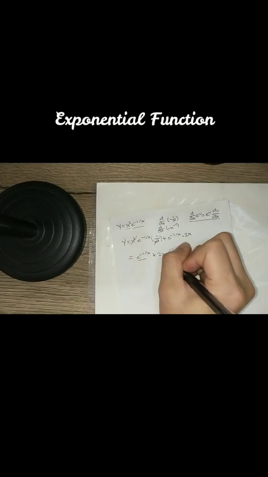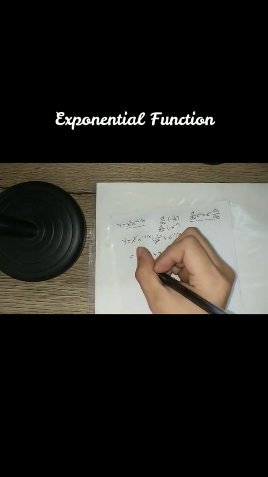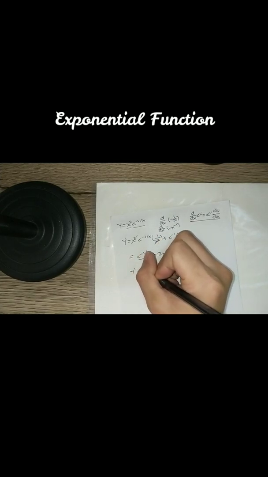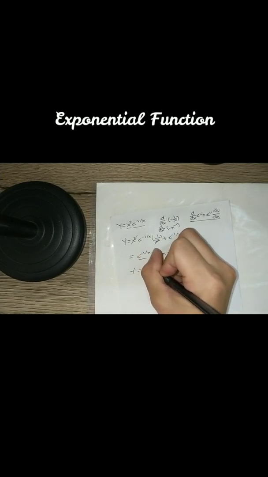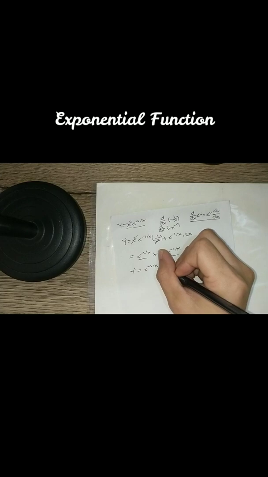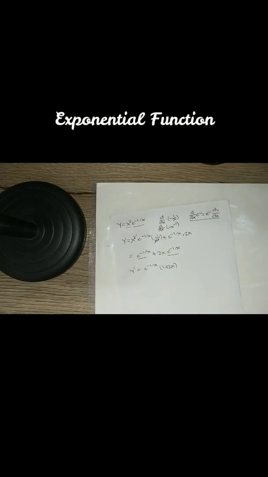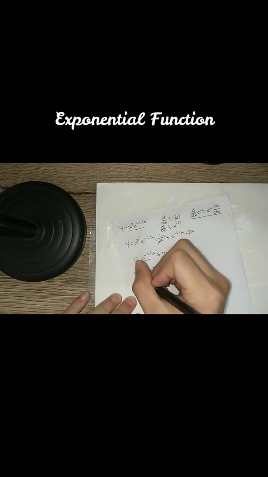Now we're going to factor this. So y prime equals e to the negative 1 divided by x power times 1 plus 2x, and that is the derivative of y.